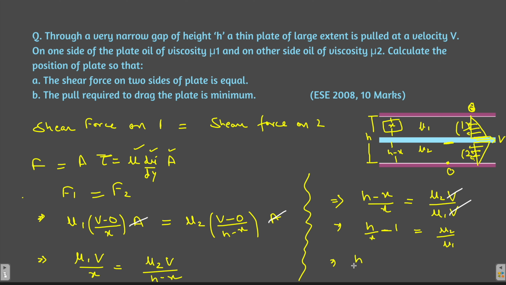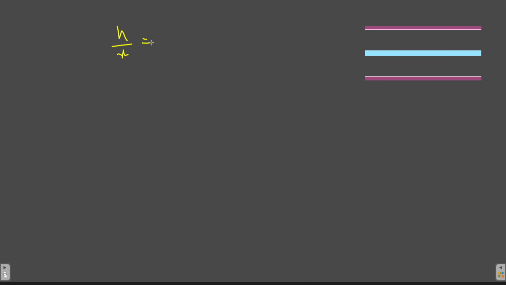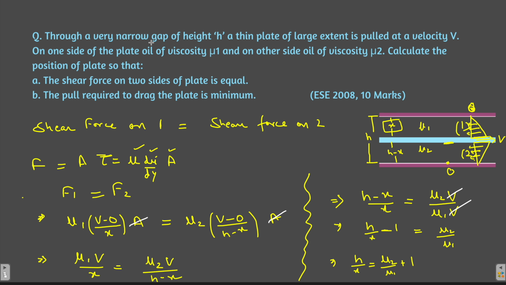So what will be h by x? H by x will be mu2 by mu1 plus 1. This 1 I am taking to the right hand side. Mu2 by mu1 plus 1. Okay, so let me write it down. H by x is equals to mu2 by mu1 plus 1, which will give you h by x is equals to mu2 plus mu1 by mu1.